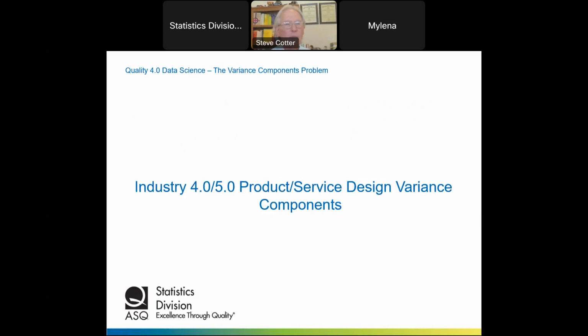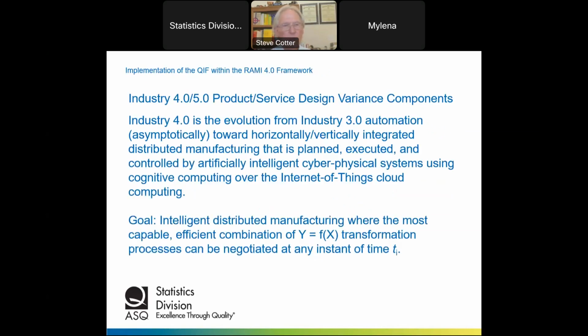Next question is, what are the variance components induced by the Industry 4.0, 5.0 technologies? Industry 4.0 is an evolution of Industry 3.0 automation. I use the word asymptotically because we are in a transition at this point in time, and it's questionable by industry as to how close we actually achieve full vertically and horizontally integrated distributed manufacturing.